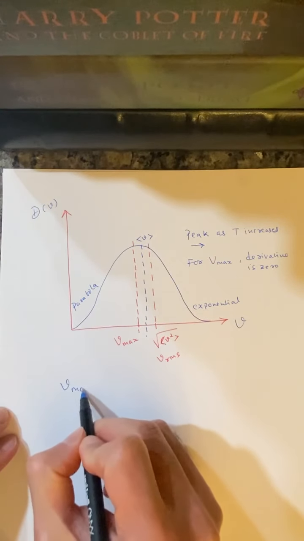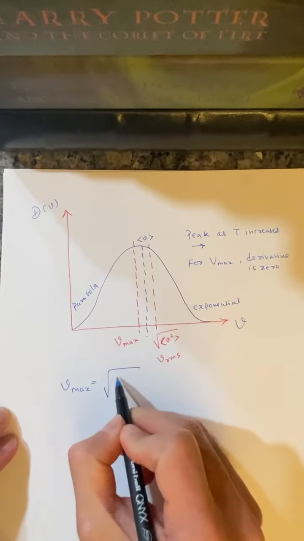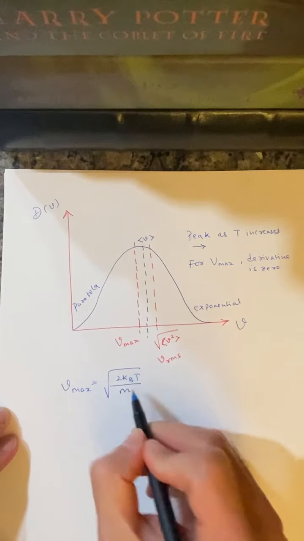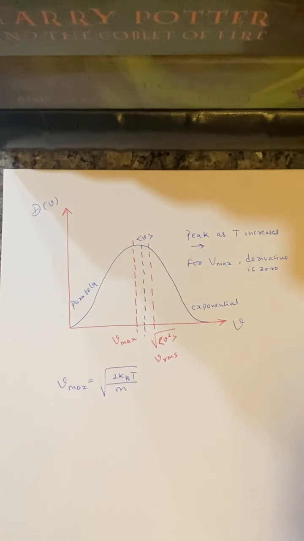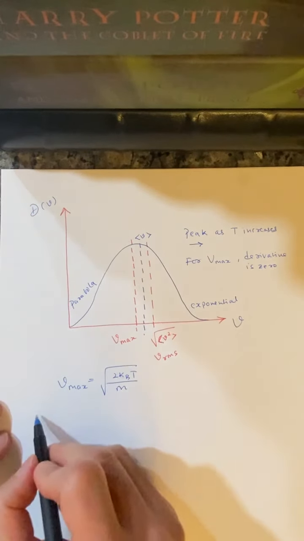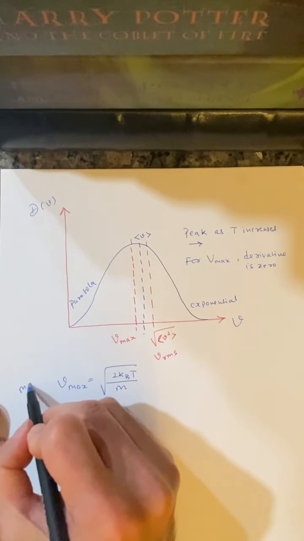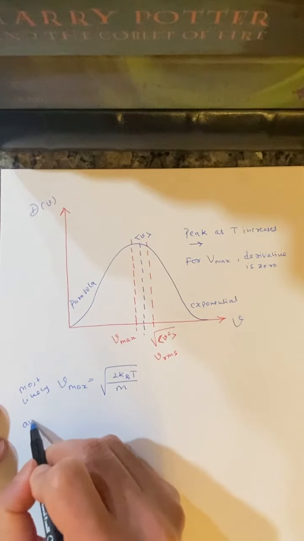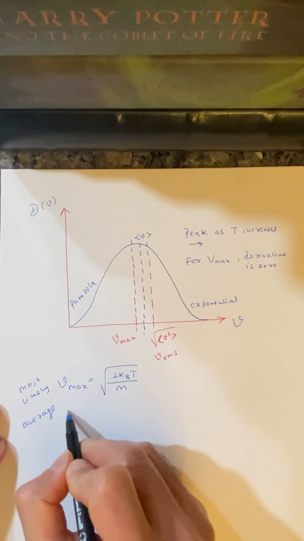Vmax is always given by 2, and you are going to solve a couple of these problems as homework. You're going to derive these equations using the understanding so far in this class. Average, and this was the most likely. Then you have average. What is average?